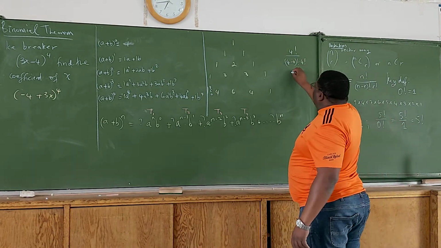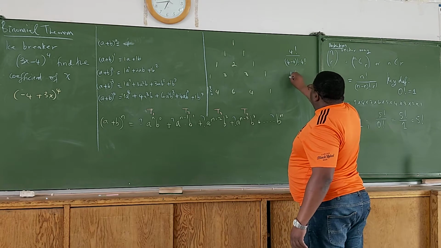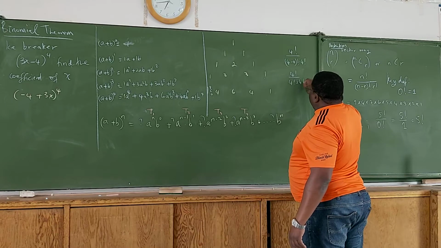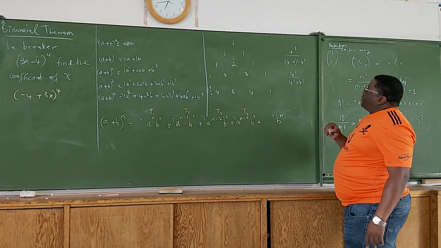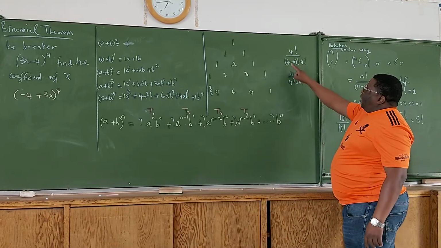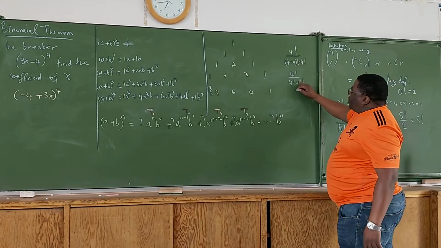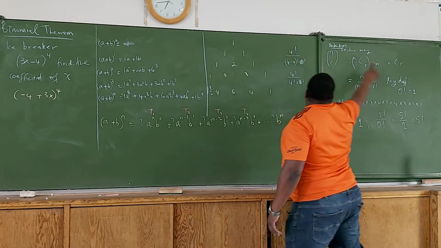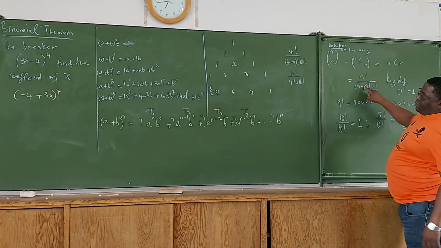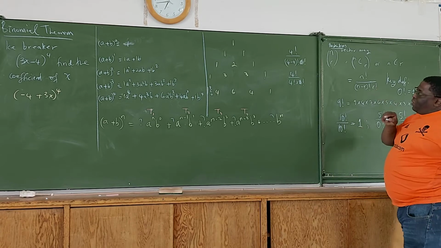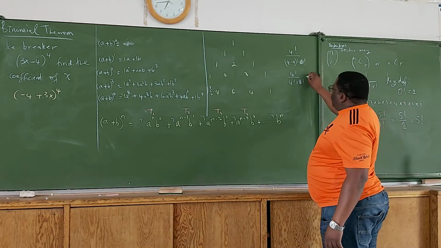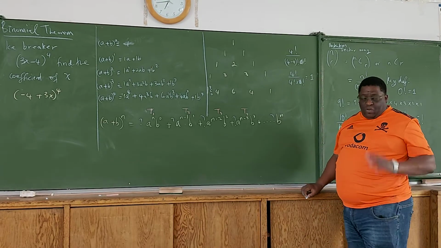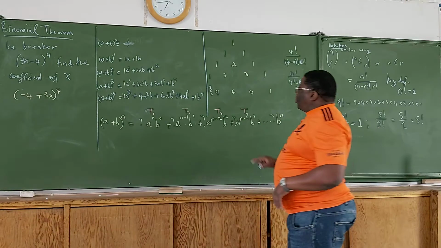Then basically you have 4 factorial over 4 factorial times 0 factorial. This answer is just the same as 1 over 1, which is going to give you 1 when you calculate it.